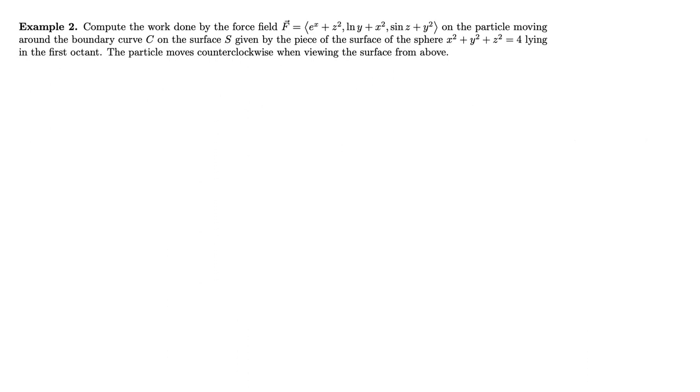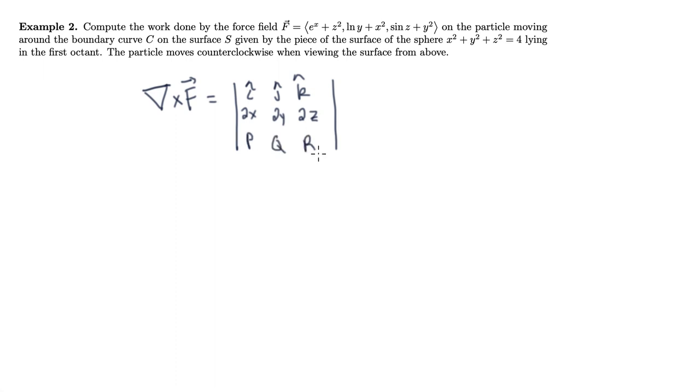Alrighty. So the next thing we need to do is find the curl of the vector field. So in this case, the curl of f is equal to, well, let's see, i, j, and k, and then we have partial with respect to x, partial with respect to y, partial with respect to z, and then the component functions p, q, and r, where here's p, here's q, and here's r.